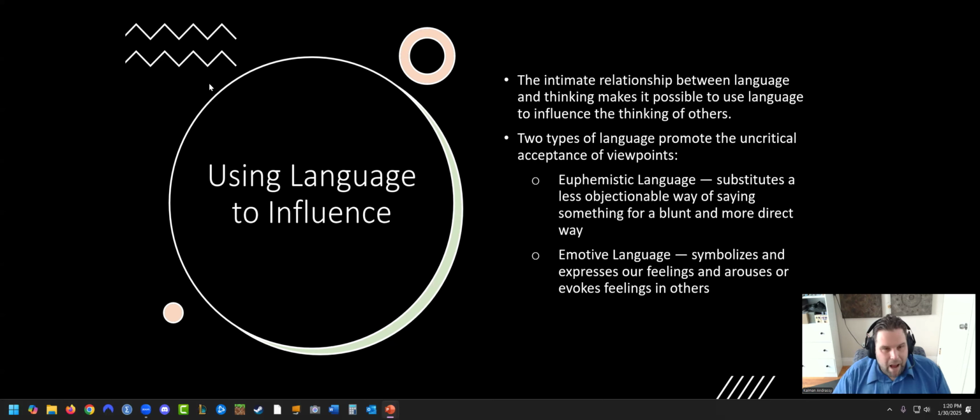Okay. And of course, the last concept that was in the introduction is this idea of using language to influence people, right? Language goes beyond simply conveying your own thoughts and your ideas, but you use language to get people essentially to do things. You use language to exercise power.